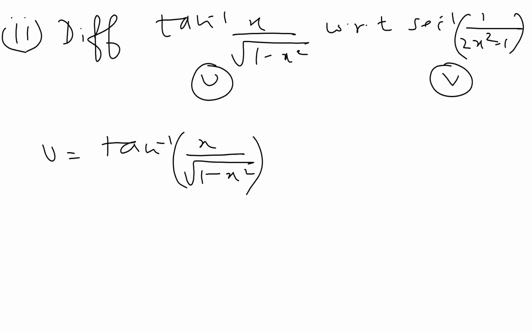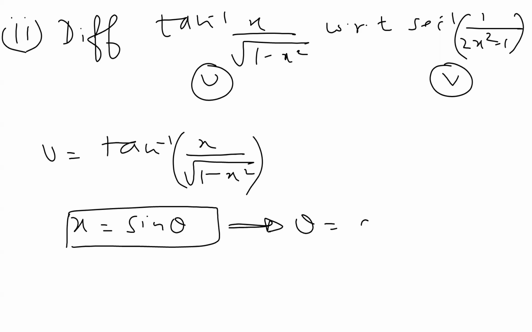Now see, this we have done in ITF exercise of differentiation also. So let x is equal to sine theta because it is 1 minus, so sine theta. So this will give me theta is equal to sine inverse x towards the end.